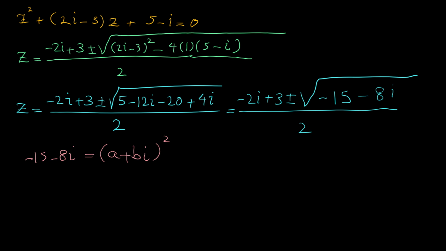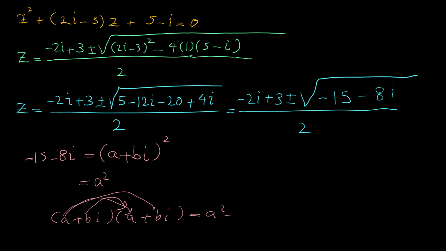If we raise the bracket to the power of 2, what does it equal? If we multiply a plus bi times a plus bi, it equals a squared. Then we have abi and another abi, 2abi, and bi times bi is b squared i squared, which equals minus b squared, because i squared is negative 1.